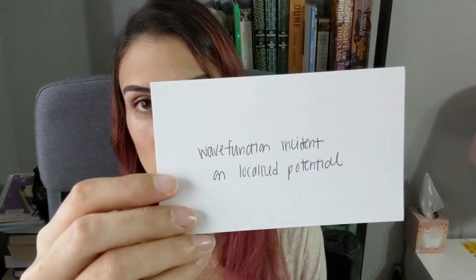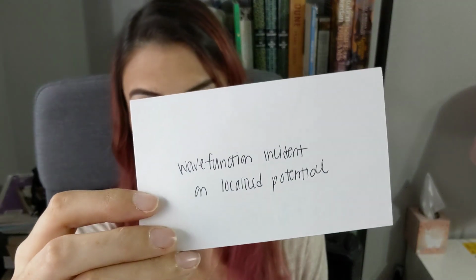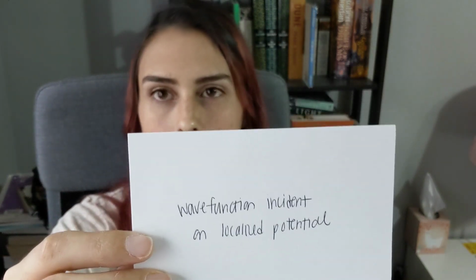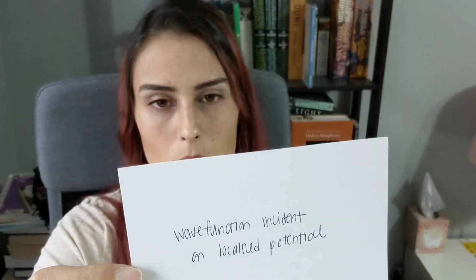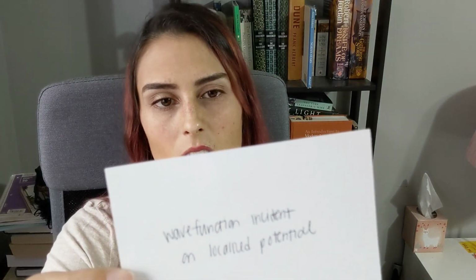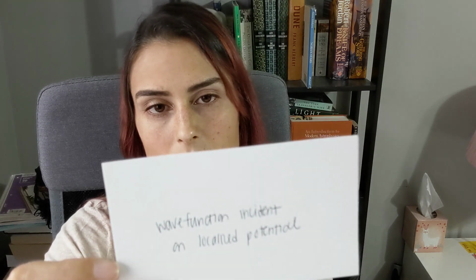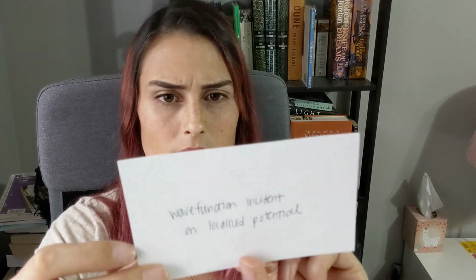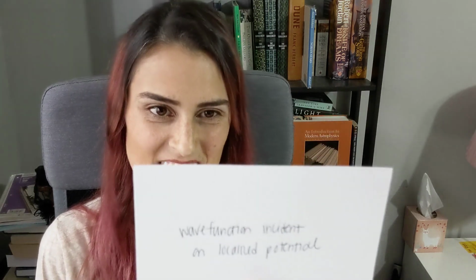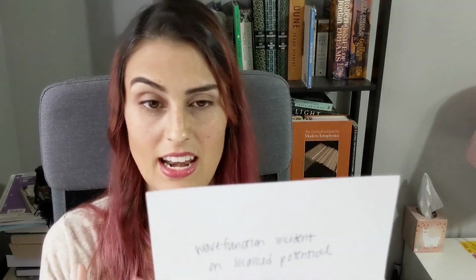Wave function incident on a localized potential. So, little psi of x, if x is less than or equal to negative a, is big A e to the i kx plus B e to the minus i kx. And then between negative a and a, it's something, and that depends on what the potential is, right?